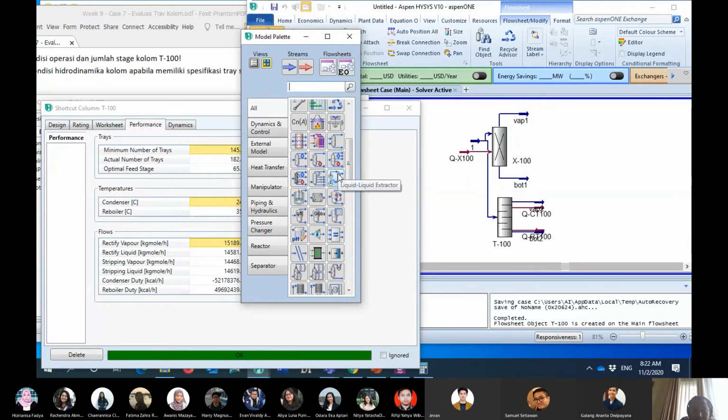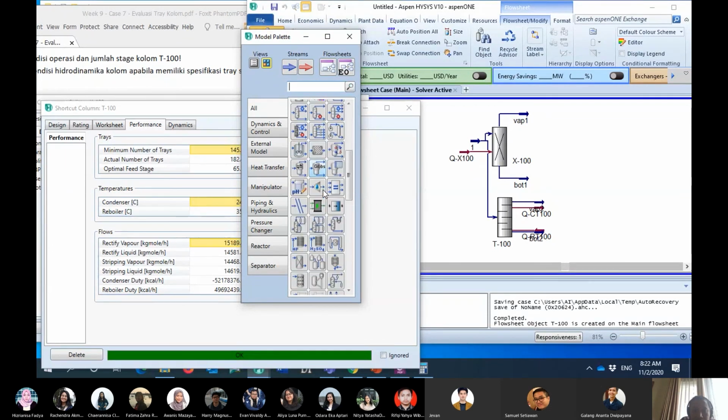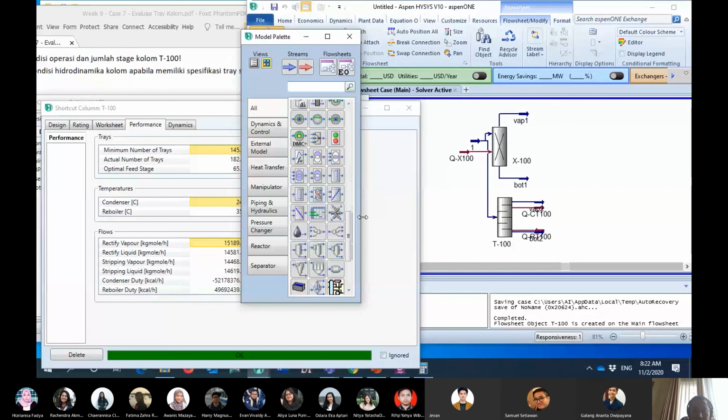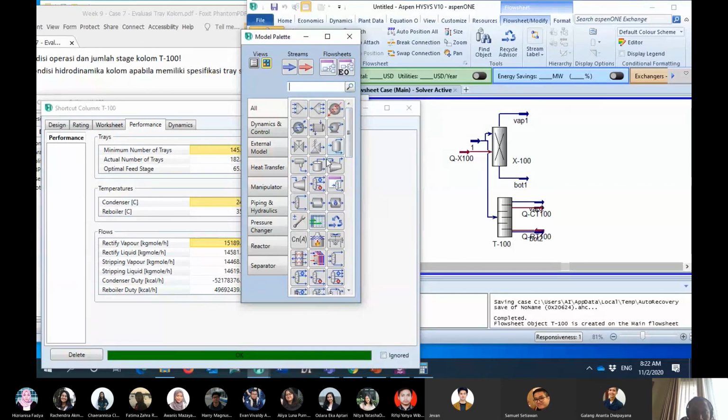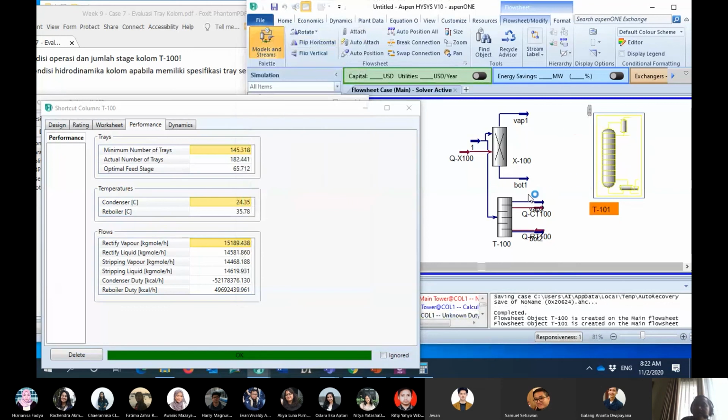Okay, this one is three-phase distillation, reflux. Okay, which one is the distillation? Okay, this one is distillation column. Okay, and I put in here for the distillation.